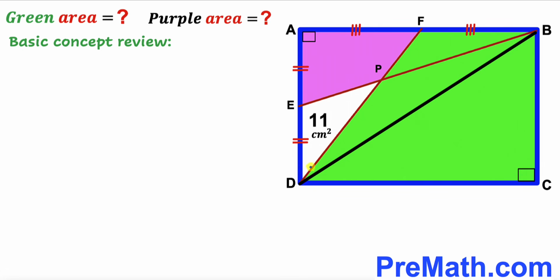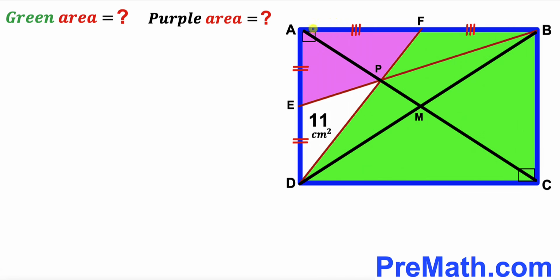So if we draw this diagonal BD, then we can see that the area of triangle DCB is going to be equal to the area of triangle DAB.